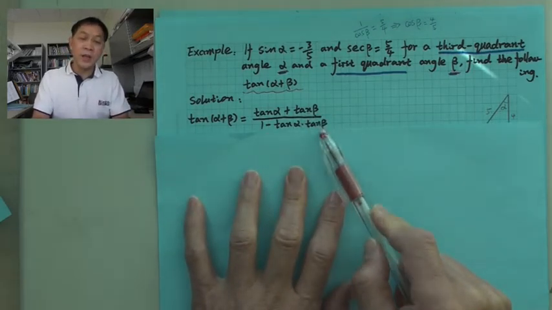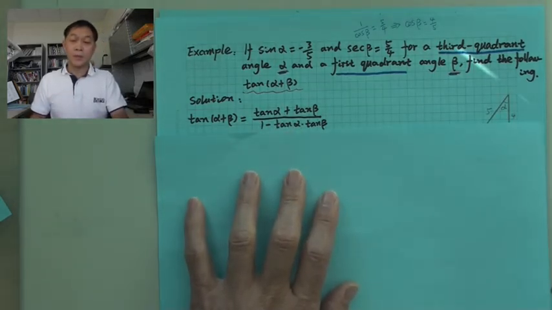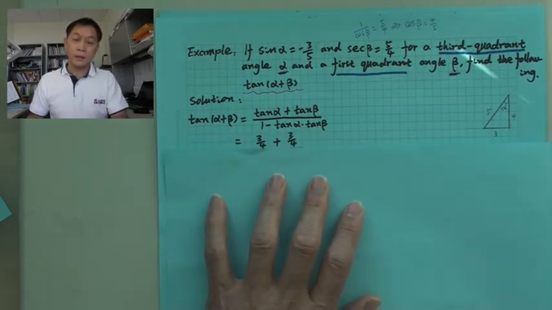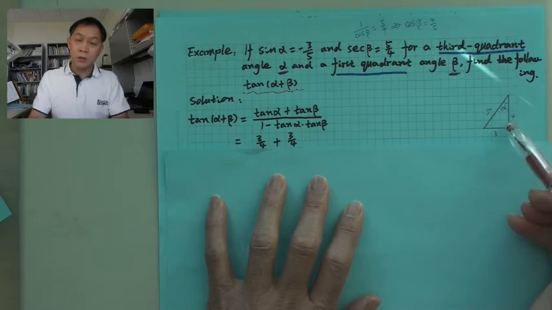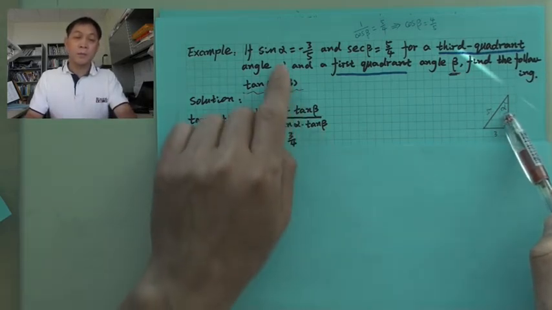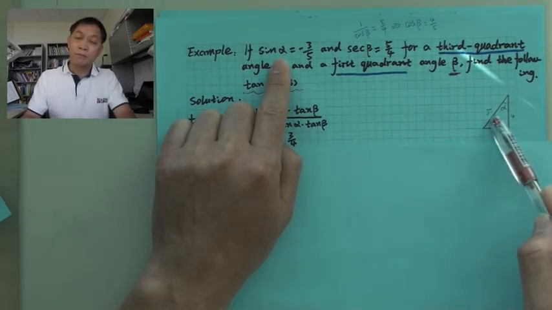In order to figure out tangent alpha, you have two steps. One step is using the right triangle. So you know this is alpha, and 3 over 5 is sine.